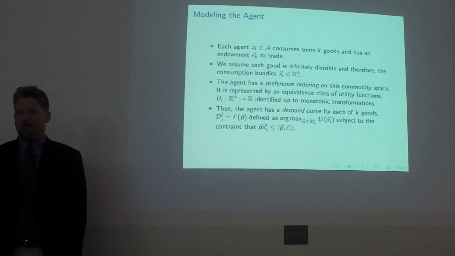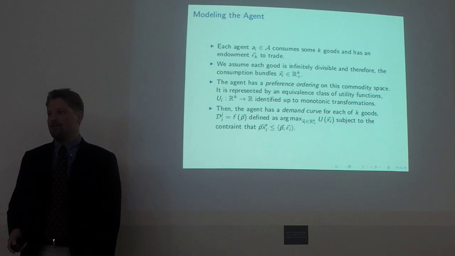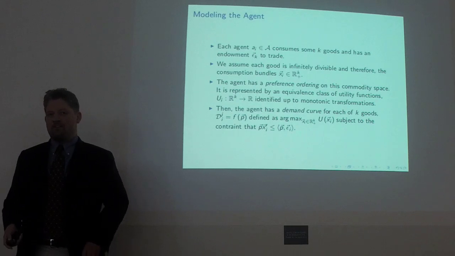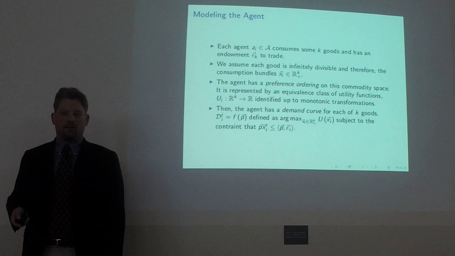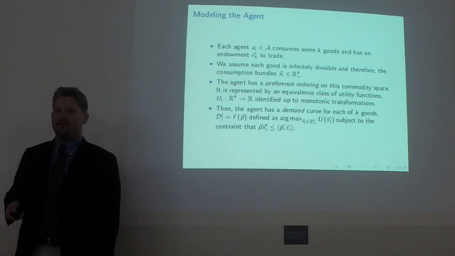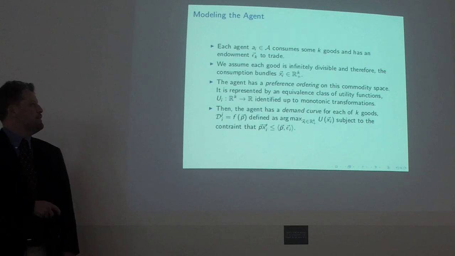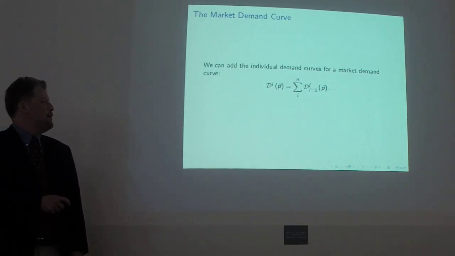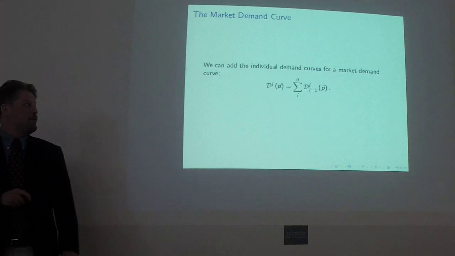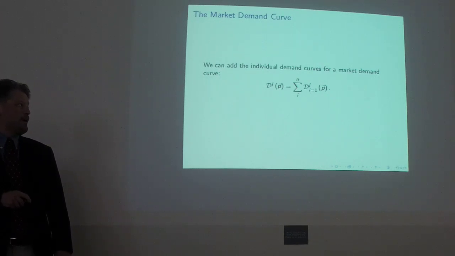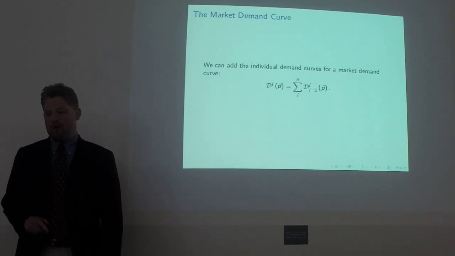You pick out the bundle you most want given your budget constraint. Presumably all of us would like to be living on our own island, possibly, but I think none of us here can afford our own island, and hence we aren't living on our own island. You can then add the demand curve for each agent. You can add those up and get what we call the market demand curve.